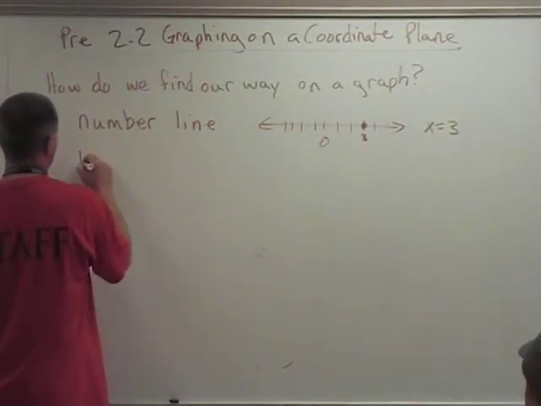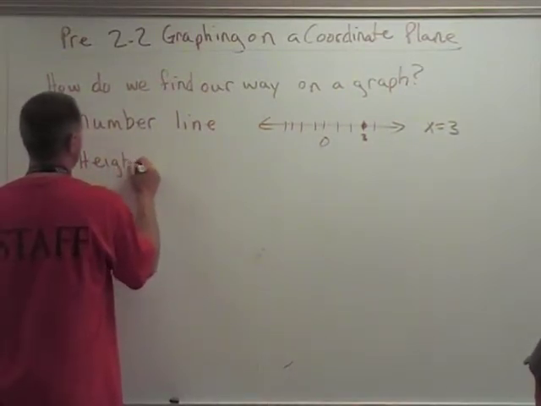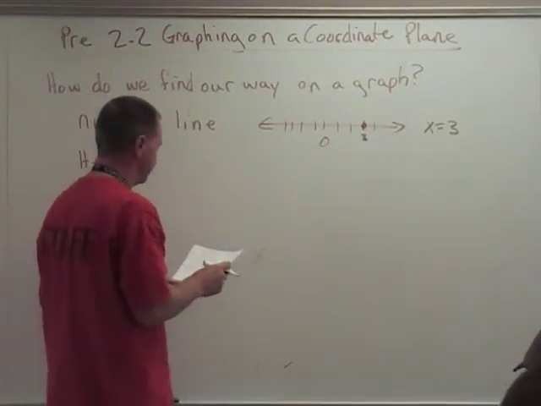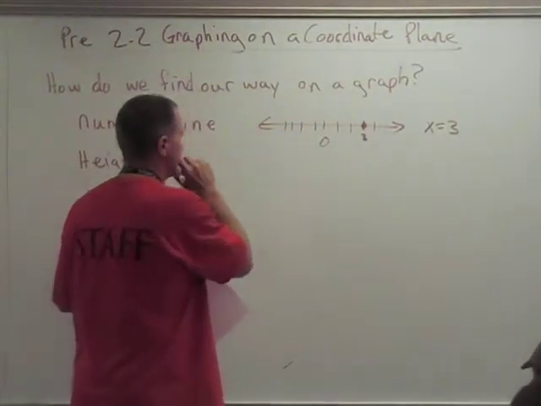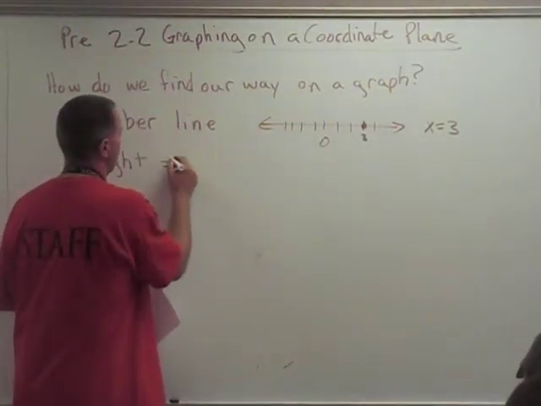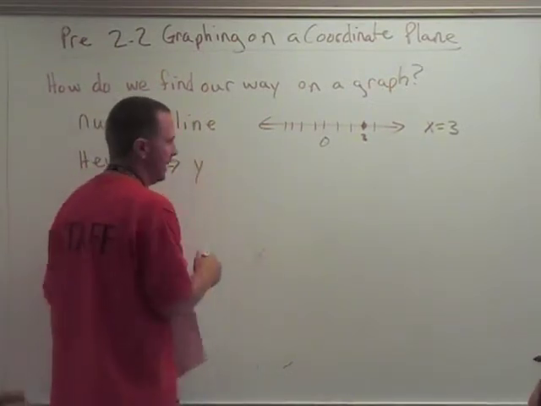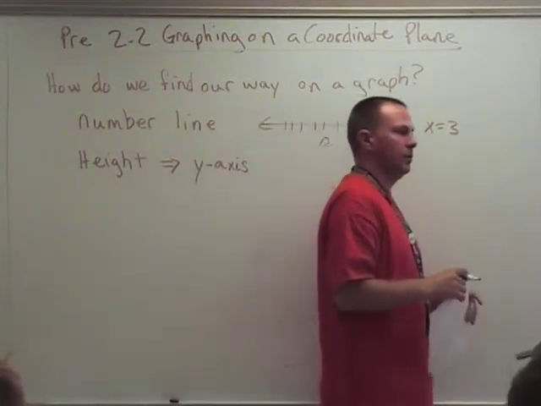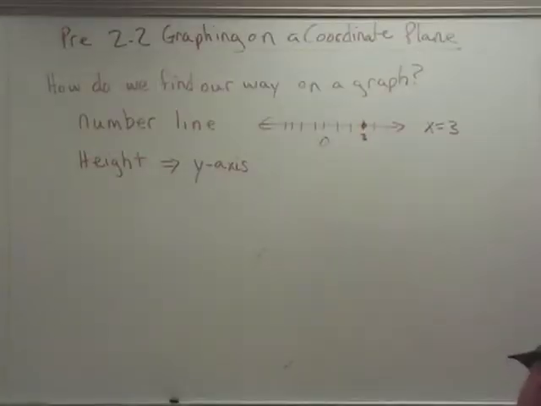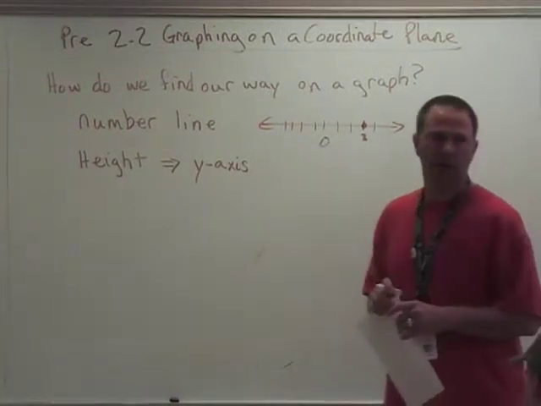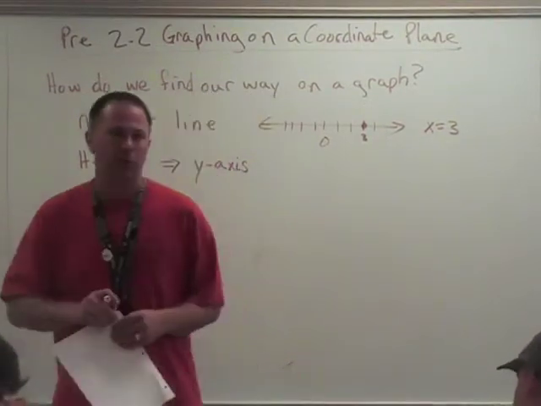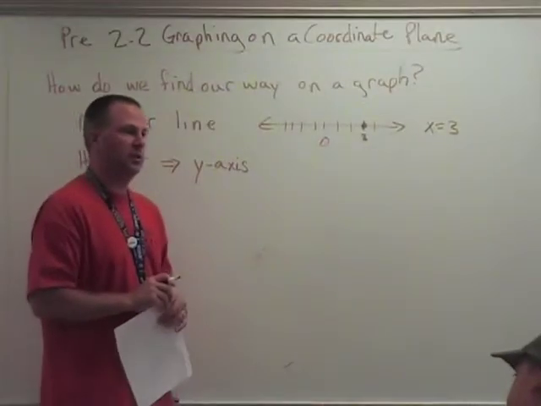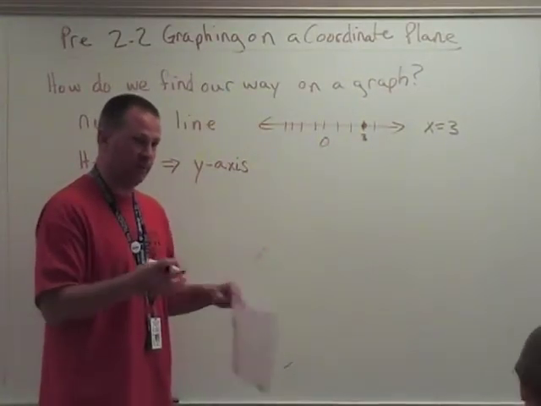The second thing we're going to talk about and introduce that you've learned is the height. Okay? And we acknowledge that as being your y-axis. So yesterday we also learned that in an ordered pair, alphabetically x comes before y. Believe it or not, there are quite a few students in here that struggled with always having x first.